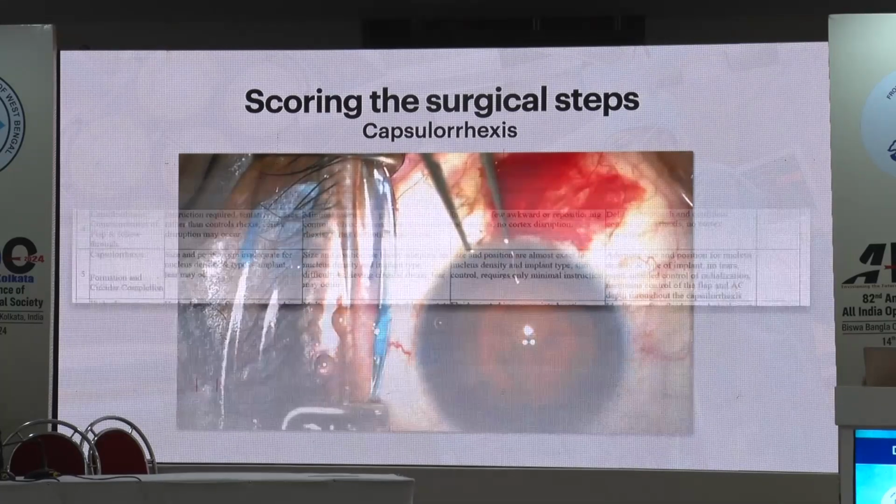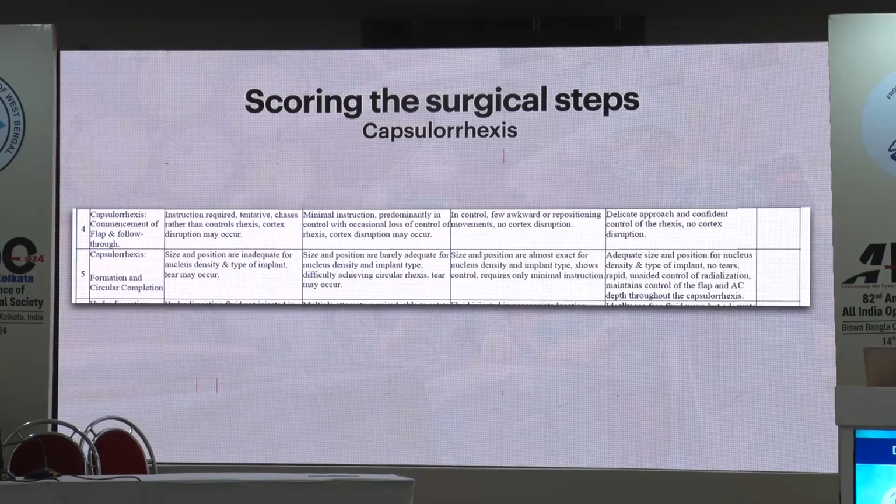Now again, it's not at the tip of our fingers. We go back and look at it. Capsular rexus, commencement and formation. So first thing is the size and position are adequate for the kind of nucleus. Inadequate, all right. So that would then put the trainee directly in the novice.